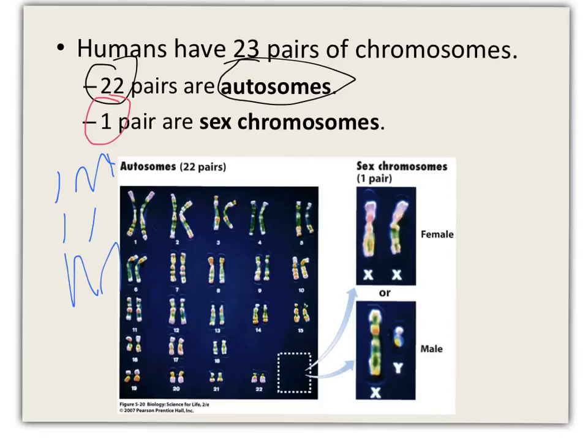Okay? Or if the male donates an X, then it's female. So if the male donates this individual to this female, either one, they end up with female. If the male donates this to either one, then we have a male offspring.